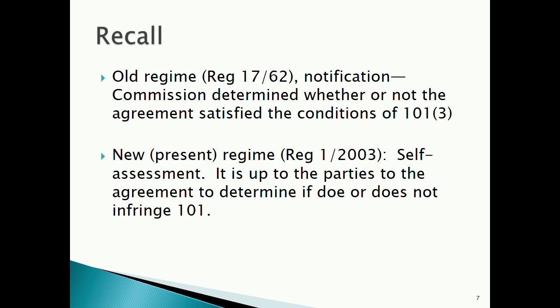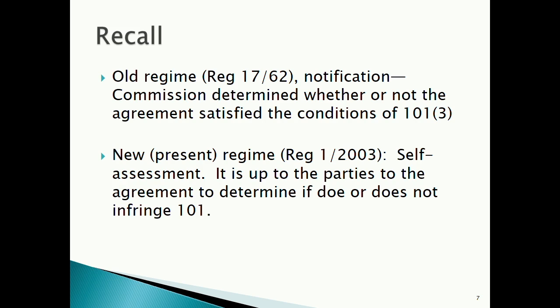Those were the old days, the good or bad old days. The bad part of the old days was, as I mentioned, it took forever for the commission to make a decision as to whether or not the practice violated 101 or if not it could be saved under 101.3.